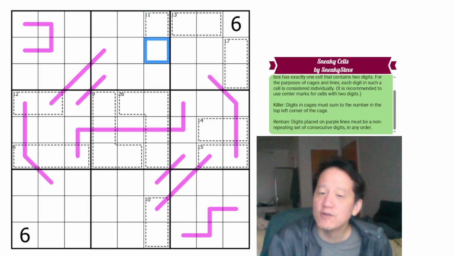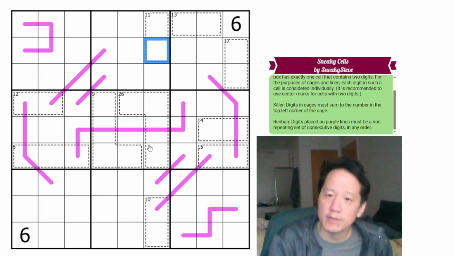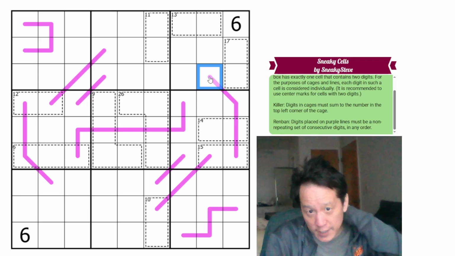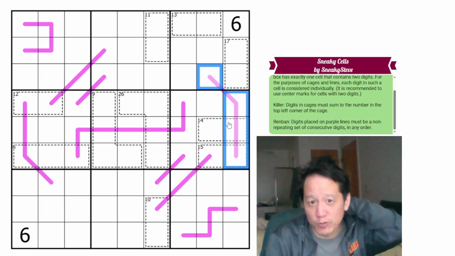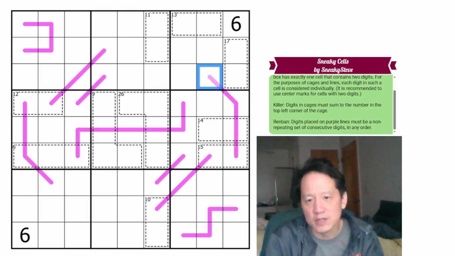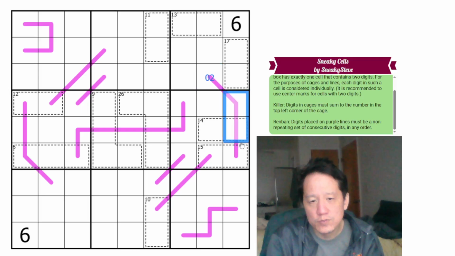Then we also have Renban, where digits placed on purple lines must be a non-repeating set of consecutive digits in any order. This is probably where it's more important to consider each digit individually. As an example, we could have 0, 2, then this could be 1 and 3, and this could be 4 and 5.